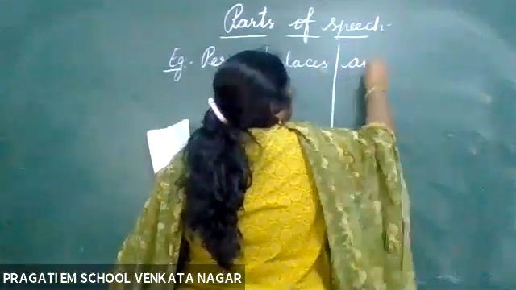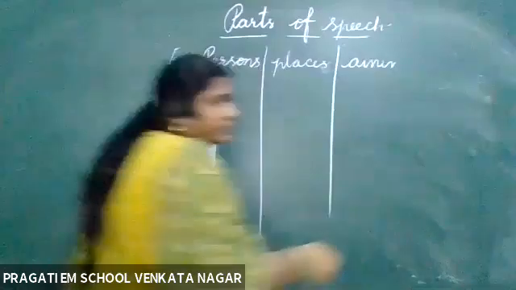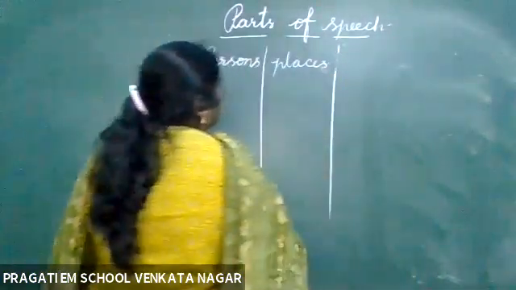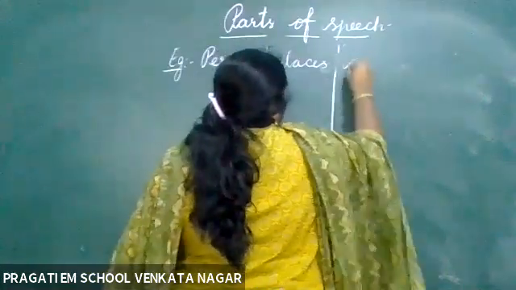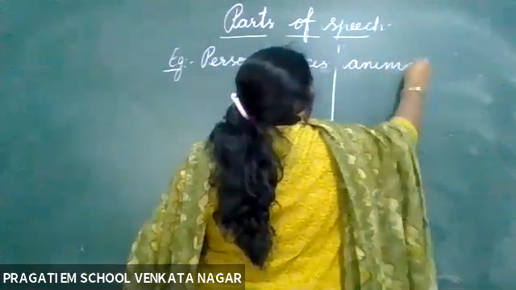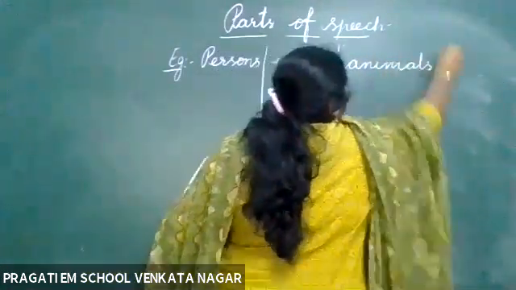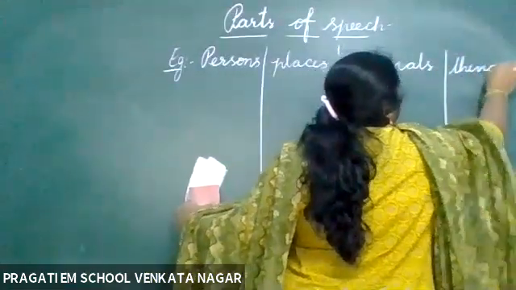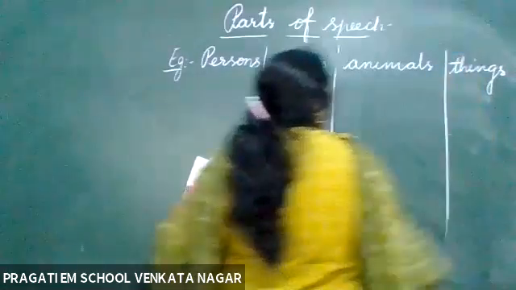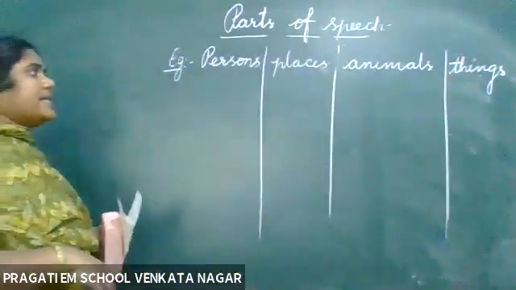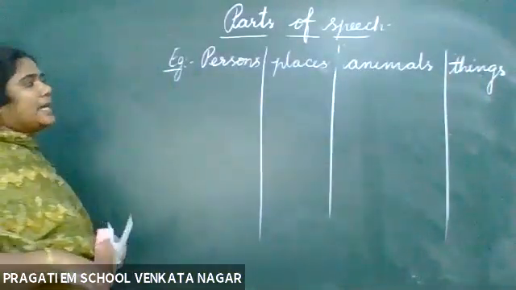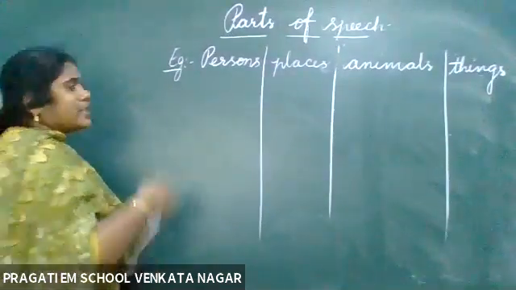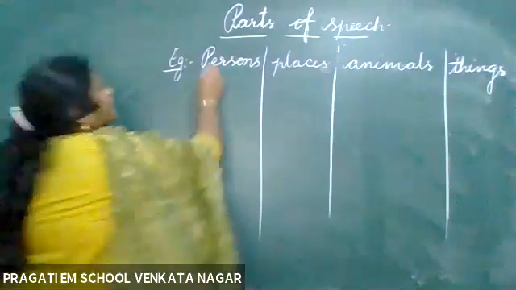Animals. Things. Persons, places, animals, things. And first column, persons.